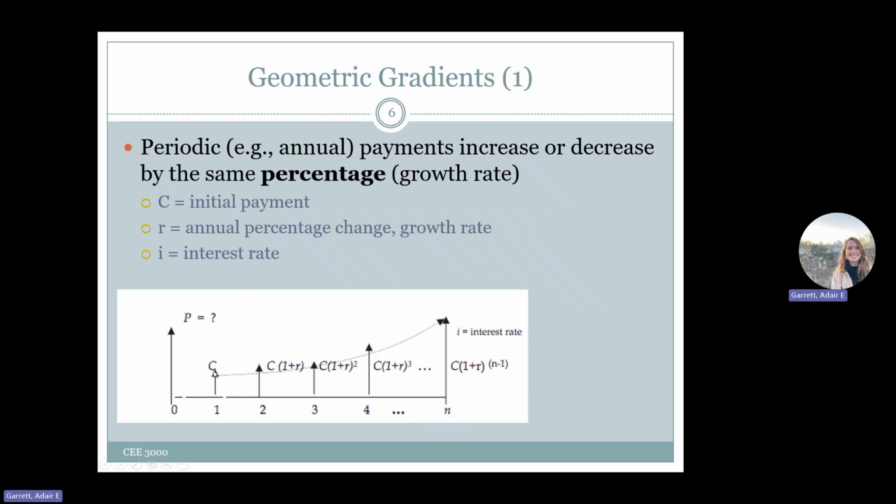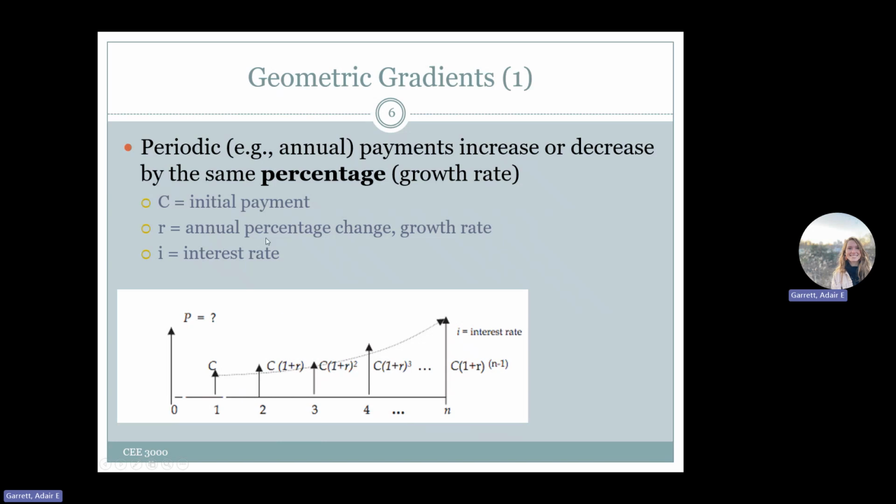In this cash flow diagram, you'll see that C is considered the initial payment. So if we, for example, said the initial payment was $500 and it increased by 2% each year, then our C would be $500. We see that there's a growth as we move along our timeline here, and our growth is impacted by our R here.